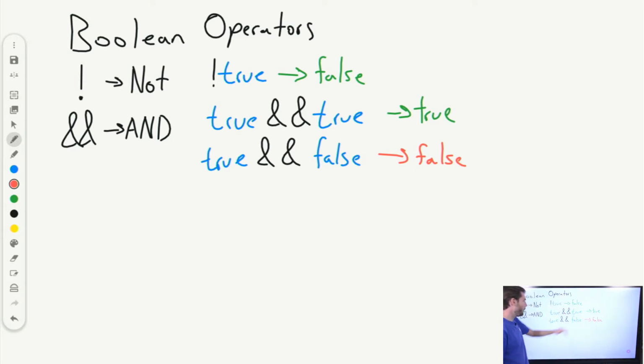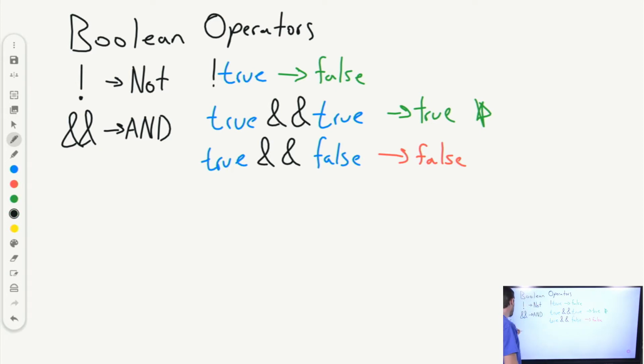So if either side of the and is false, it will give us false. This is the only case here that will give us true. There are four ways you can have combinations of true and false, and the other three will all evaluate to false except for this one statement here.